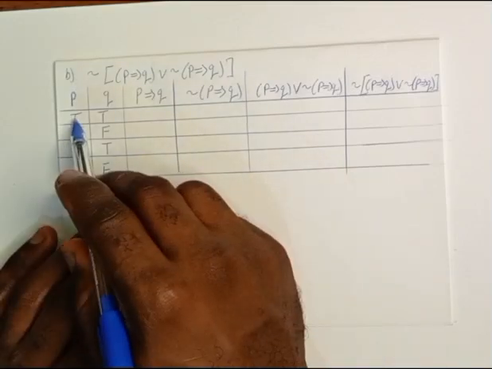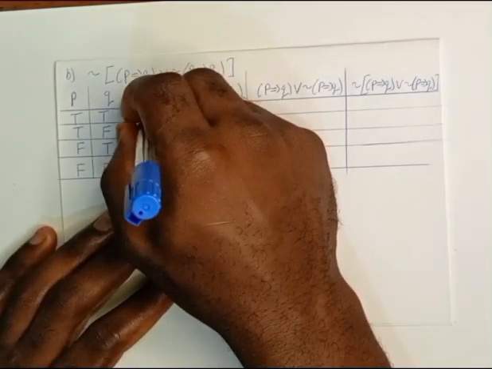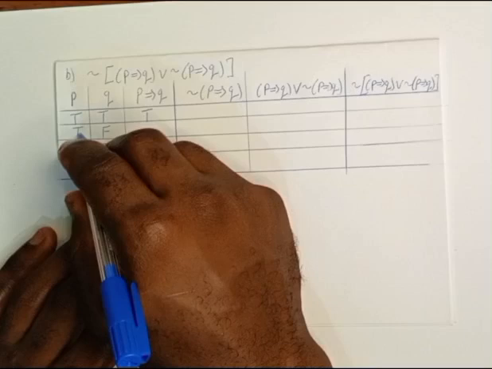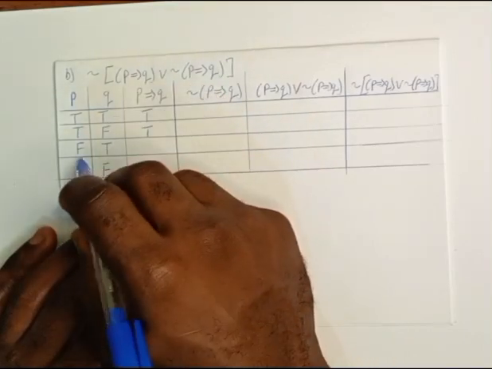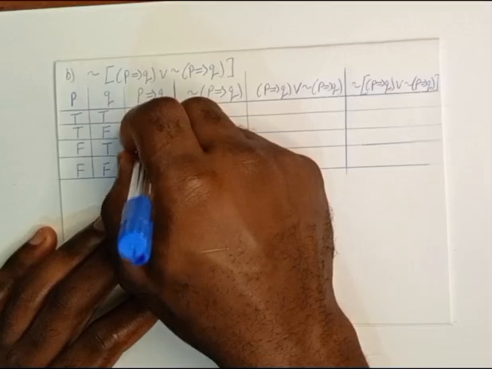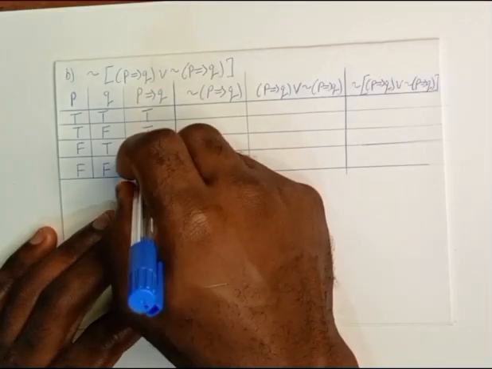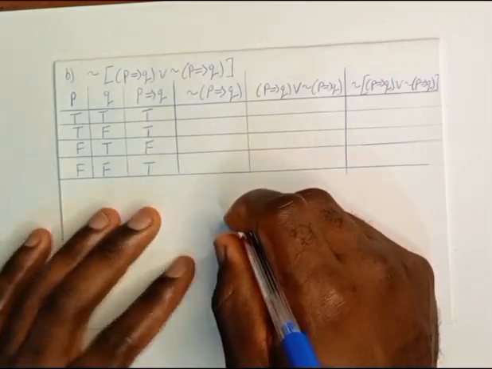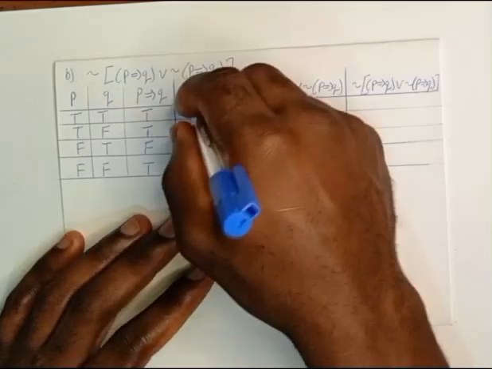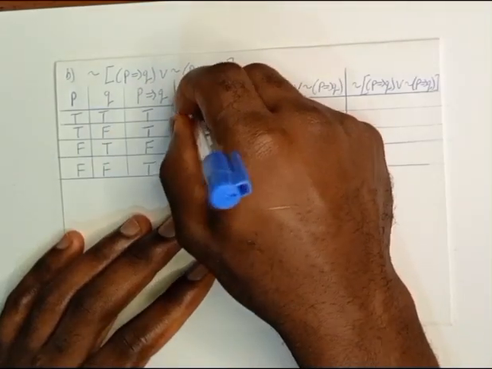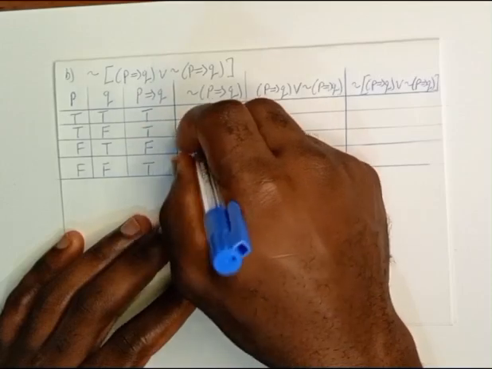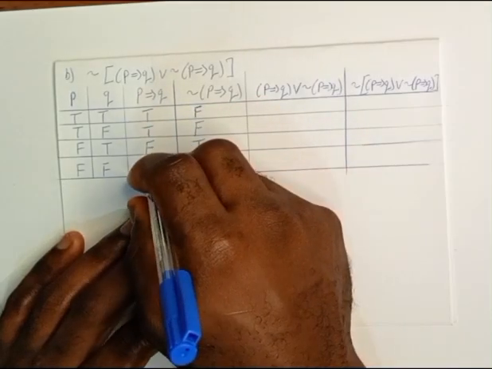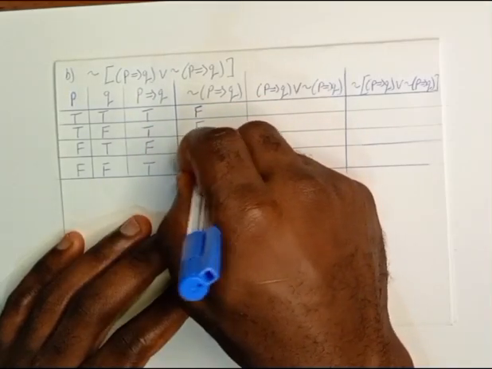P implying Q: true implies true is true, true implies false is false, false implying true is true, false implying false is true. We take the negation of this: the negation of true is false, negation of false true, negation of true false.